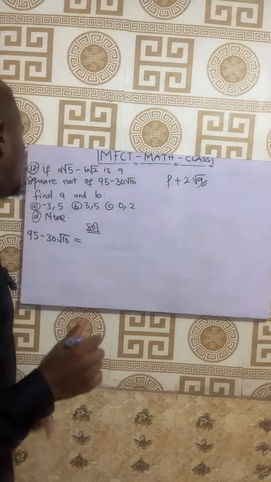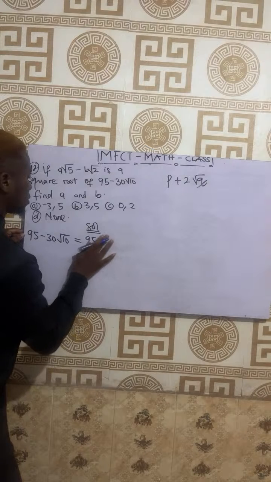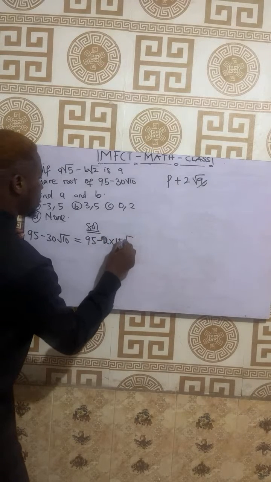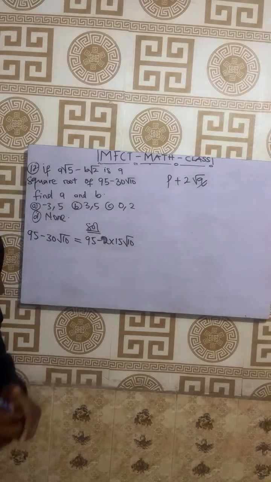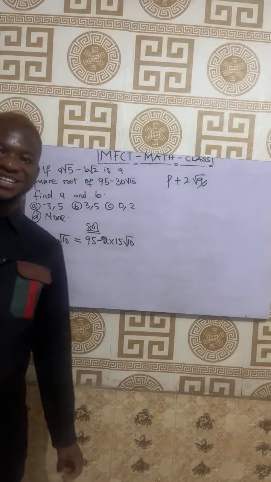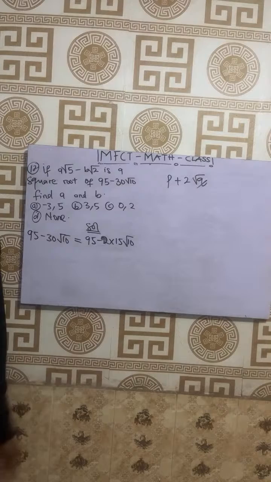How? Let me show you. That will just be 95 minus 2 times 15 root 10. Guys, what is 2 times 15? 30. Do you get that? 2 times 15 is 30. So this and this are still the same.